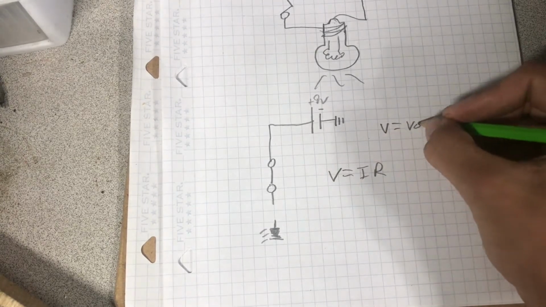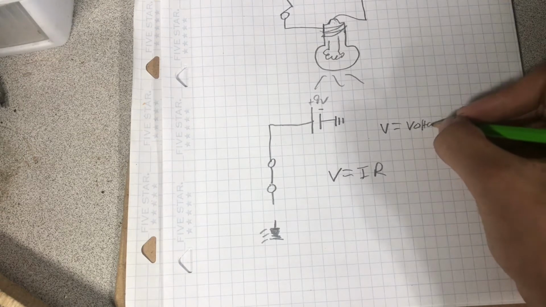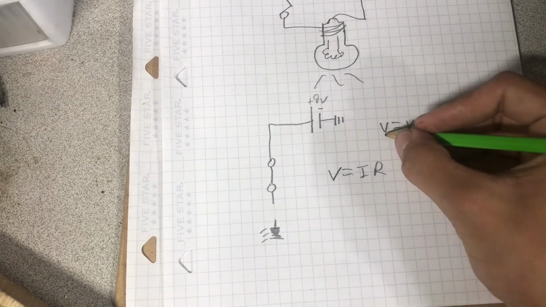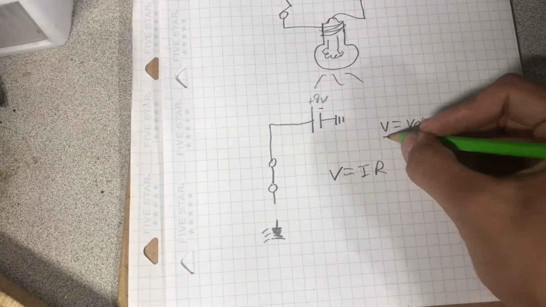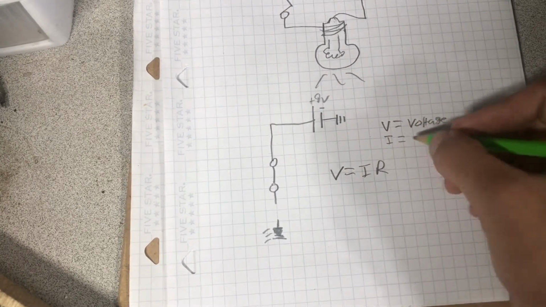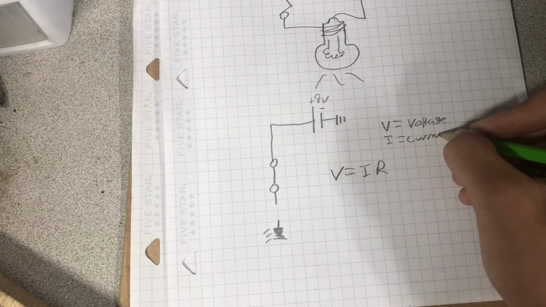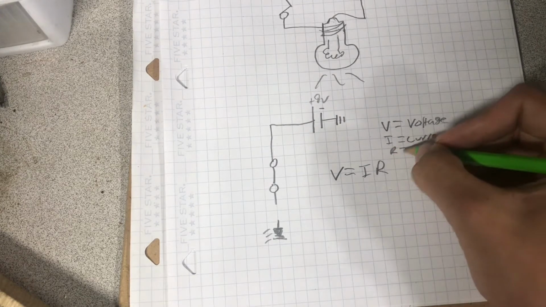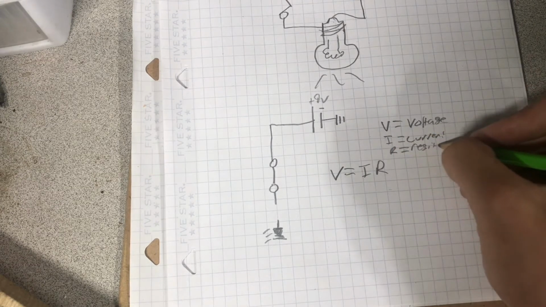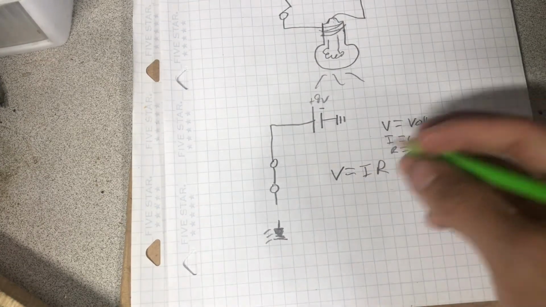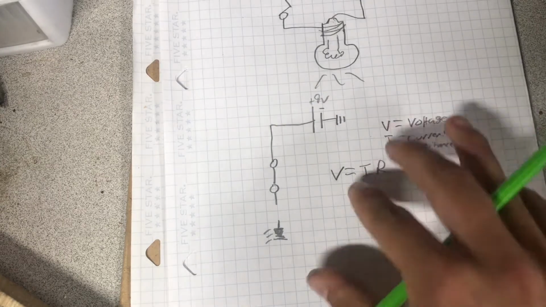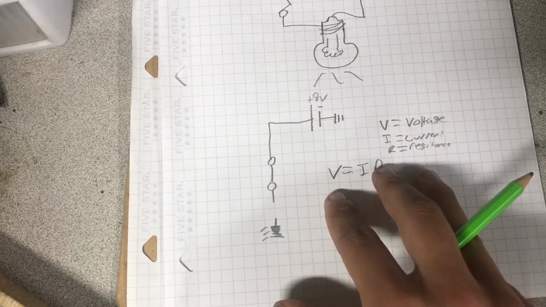V is equal to voltage, or voltage is sometimes called electromotive force. I is current, and R is resistance. Probably can't read that because my handwriting's horrible, but whatever. Yeah, so we have V equals IR, right?